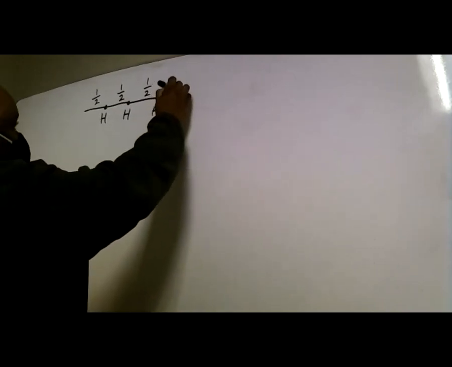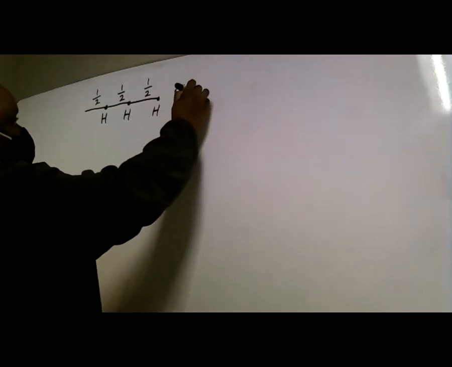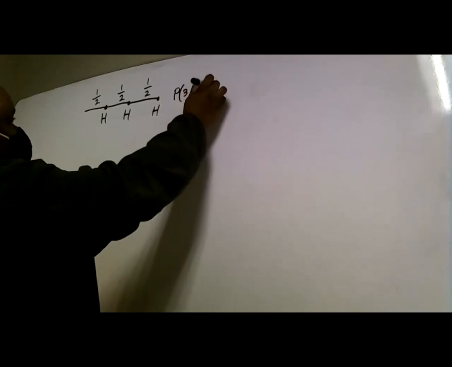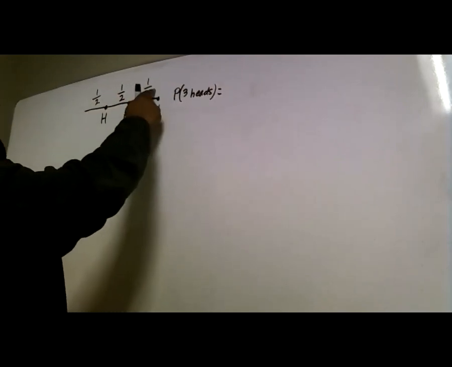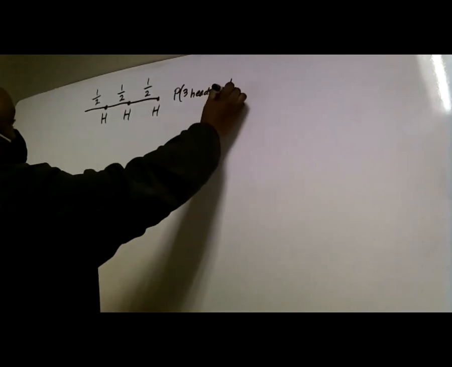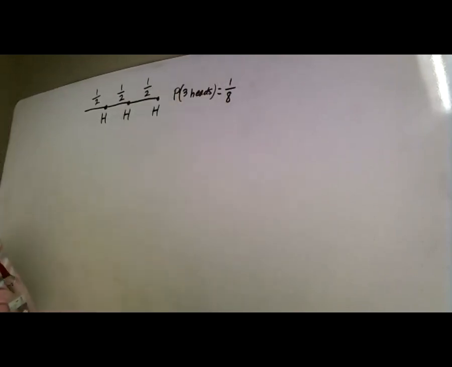So the probability of 3 heads, we just multiply 1/2 times 1/2 times 1/2, and we'll get 1/8. So the probability of getting 3 heads would be 1/8.